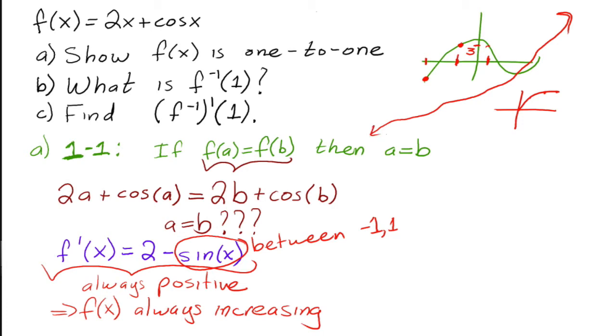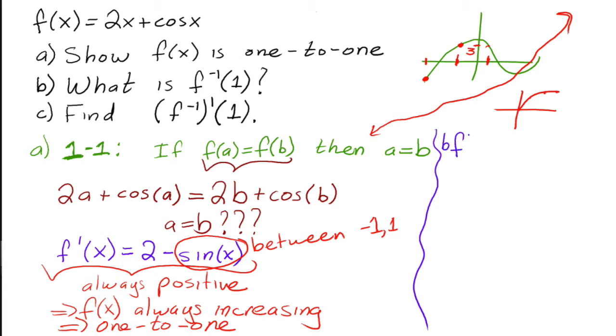Because it would look something like that. So this implies that it has to be 1-to-1. So that was a little unconventional way to show that it's 1-to-1. So that was good.